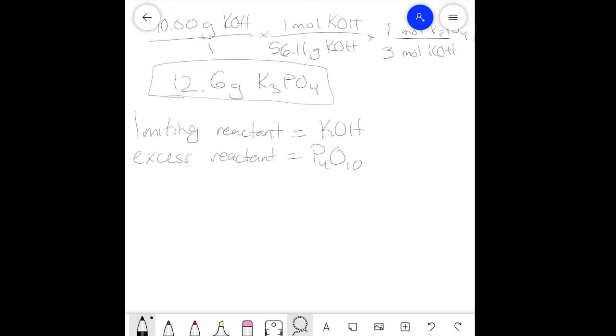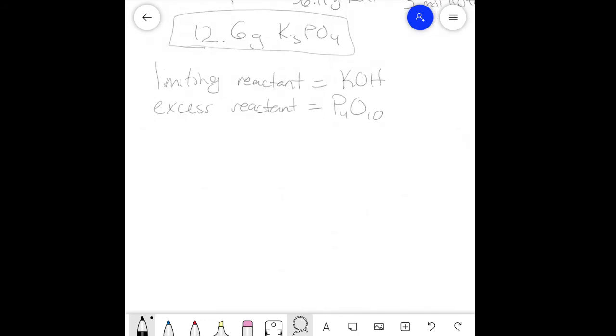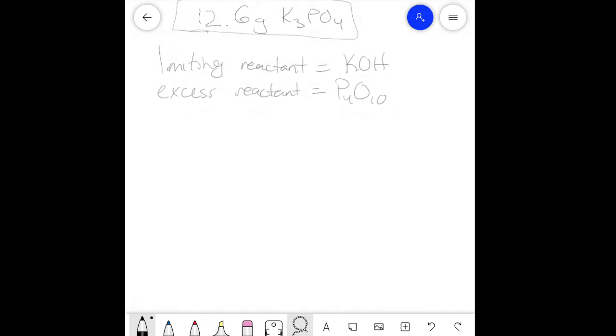Okay, so now that we have that, we need to find the percent yield, and the problem also asked what amount did you use? How much phosphorus oxide was actually used in this equation. So that is going to require another stoichiometry equation, but you're going to go backwards this time. So you're going to start with the theoretical yield of the smaller one you found. So the one you've determined is the actual theoretical yield.